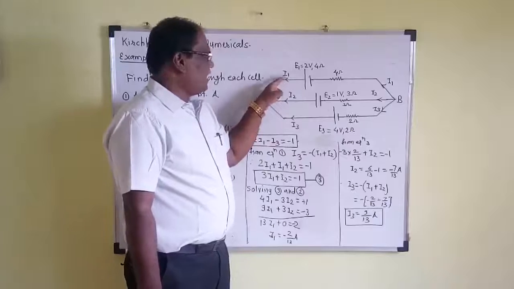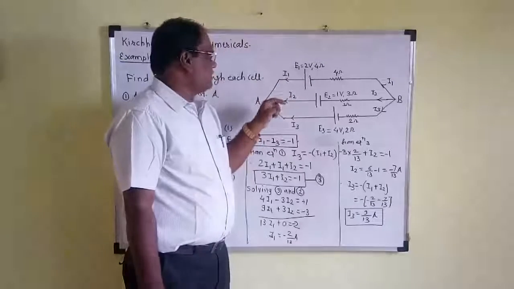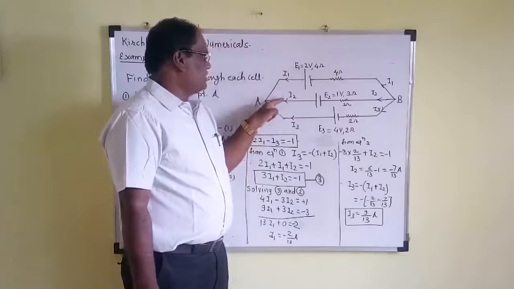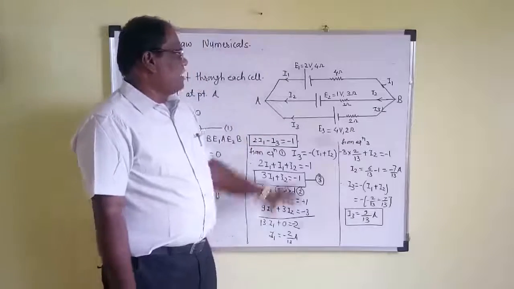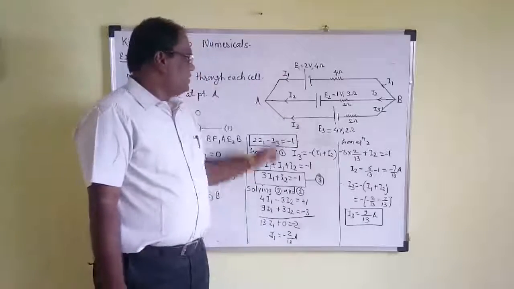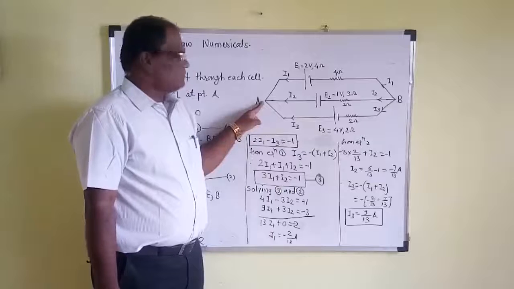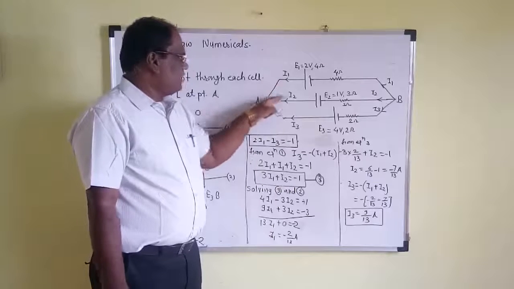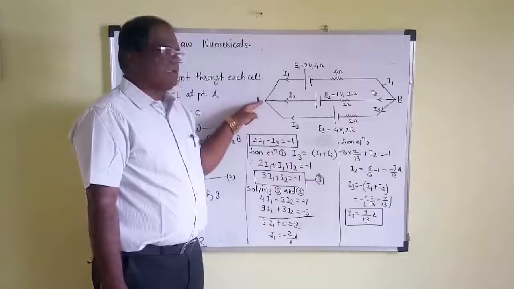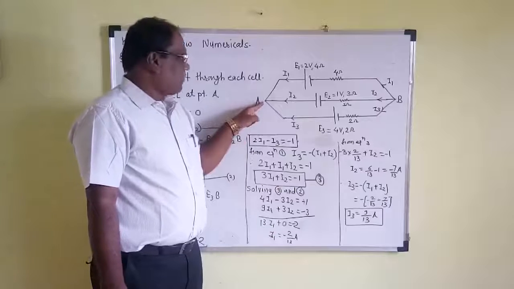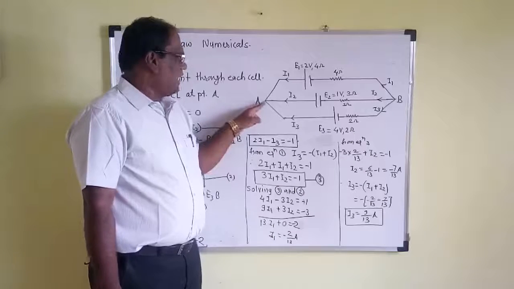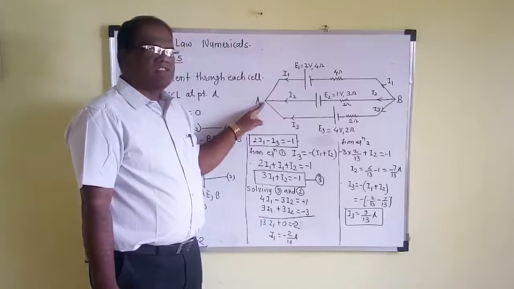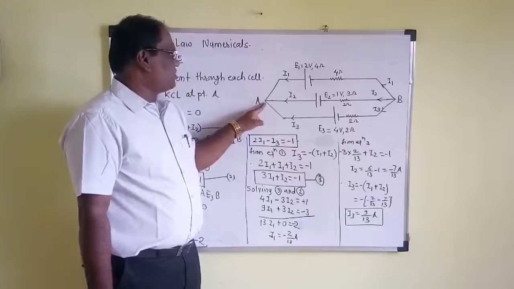Currents are already given in the network like this: I1, I2, I3. Now see the diagram. At the point A, I1, I2 and I3 are approaching the point A. Hence, for this junction A, apply Kirchhoff's current law.